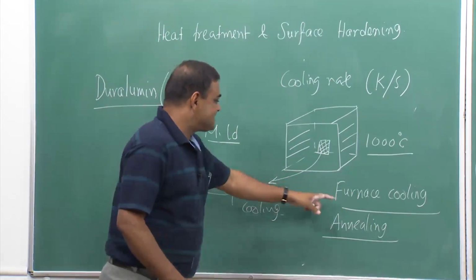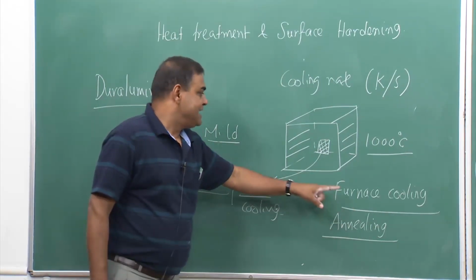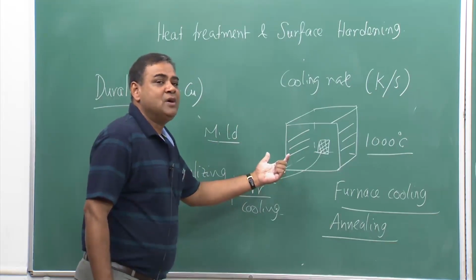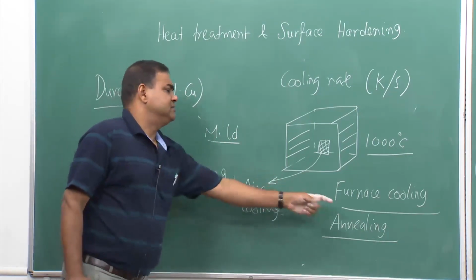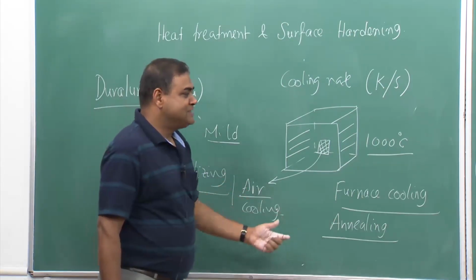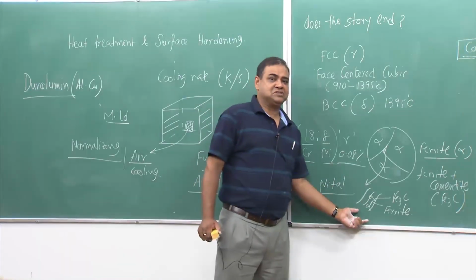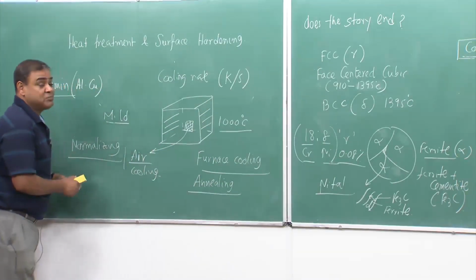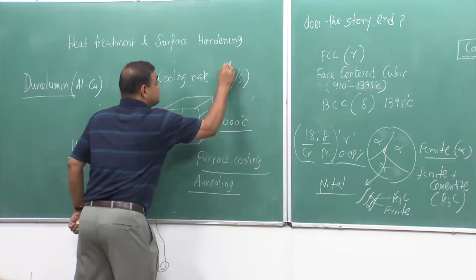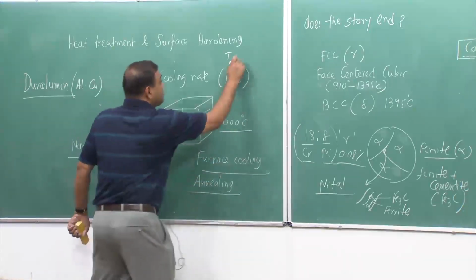Now, that means here the strength would be lowest, here where the doors will be open, strength would be little higher, but here it will be much higher than this. So, that means I have a change in microstructure by changing the cooling rate, and whenever we talk about cooling rate, we are talking about temperature, we are talking about time.